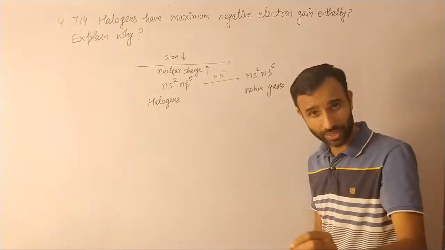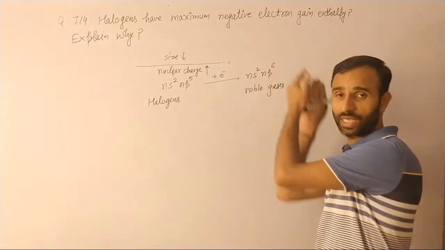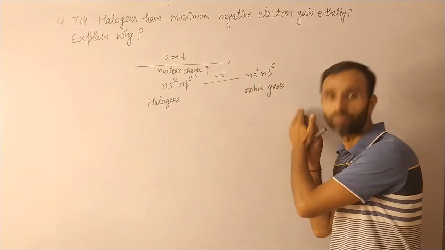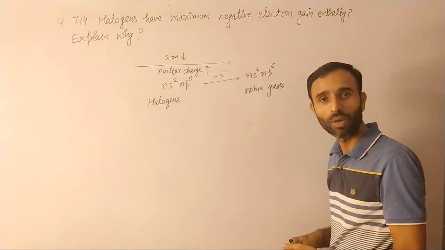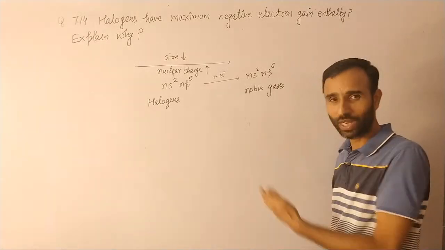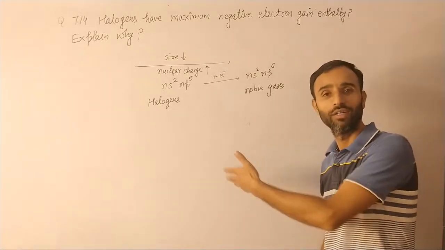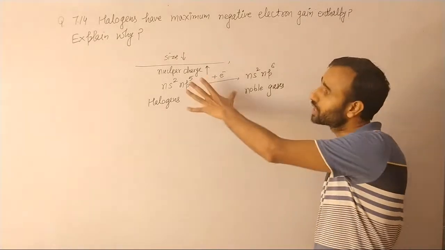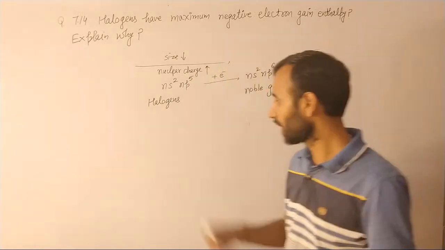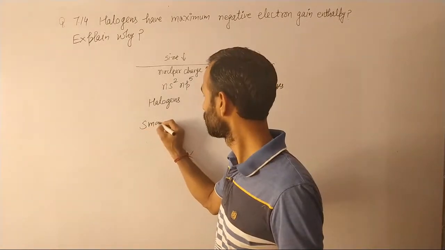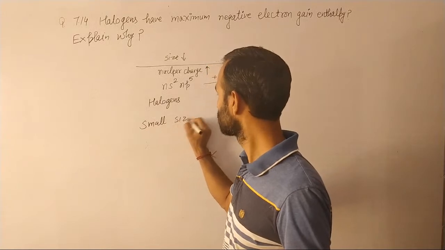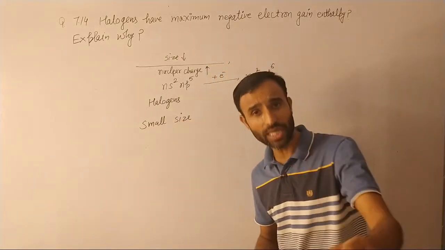So what do we write? Halogens are on the extreme right before the noble gases. So leaving the noble gases, halogen is the element which has the least size. They have small size, or we can say the smallest size in their period.